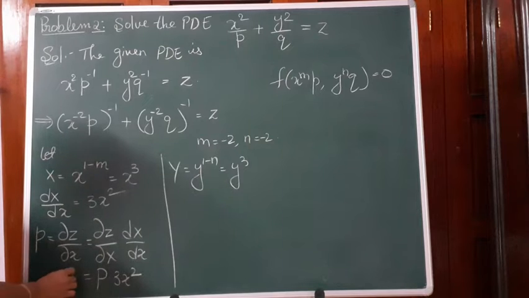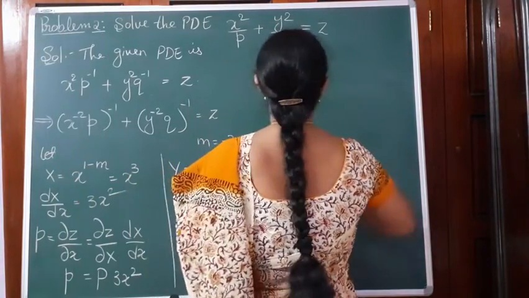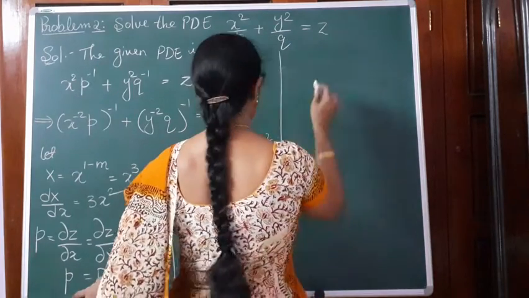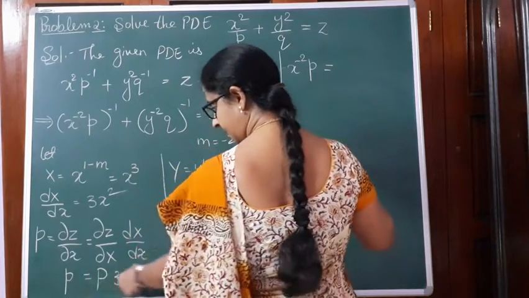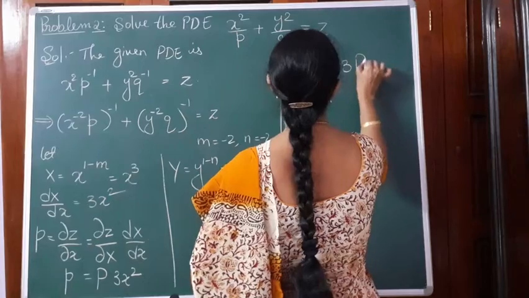So small p is equal to capital P into 3x square. Now taking this x square towards the left hand side, we write x power minus 2 into p, that is p by x square, that is x power minus 2 into p is equal to 3 P.